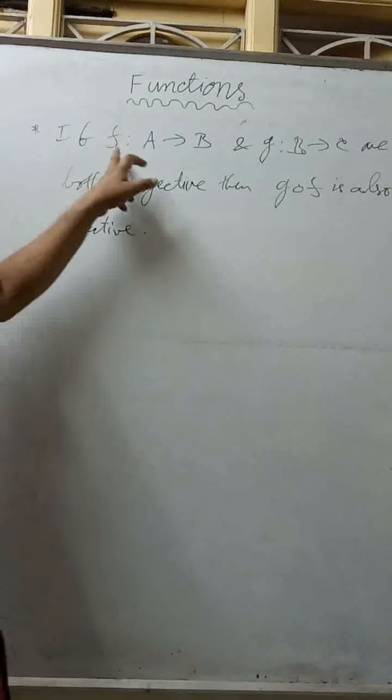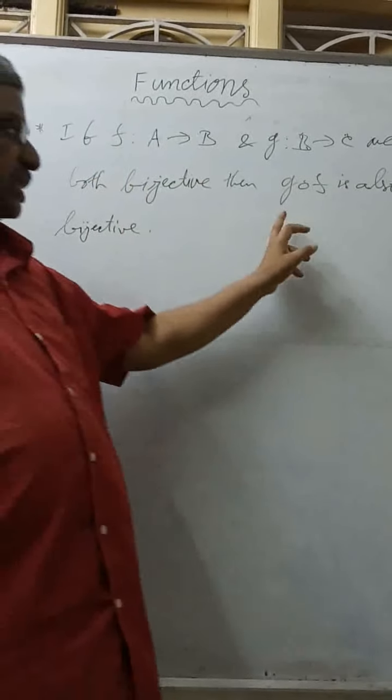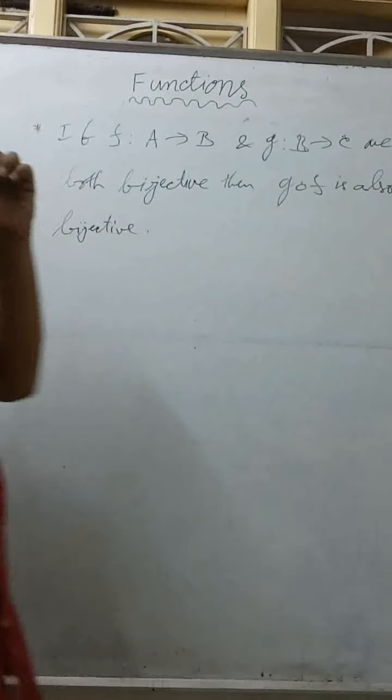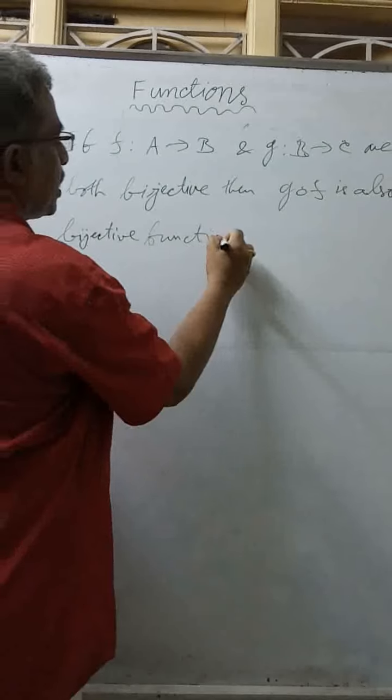If F is from A to B and G is from B to C are two bijective functions, then G circle F is also a bijective function.